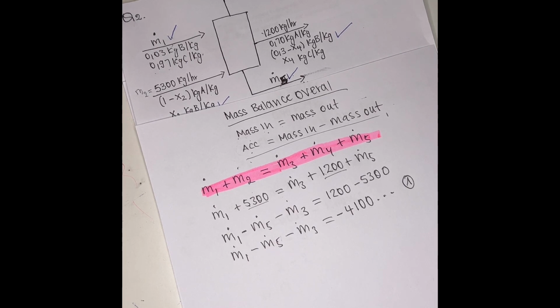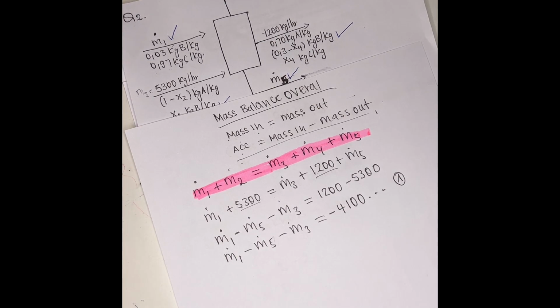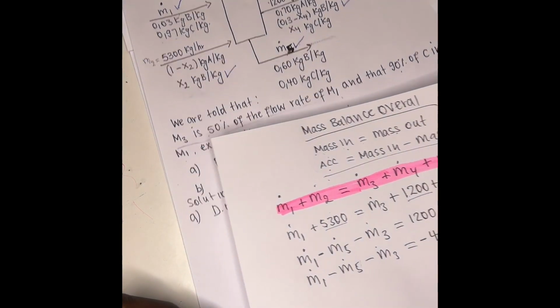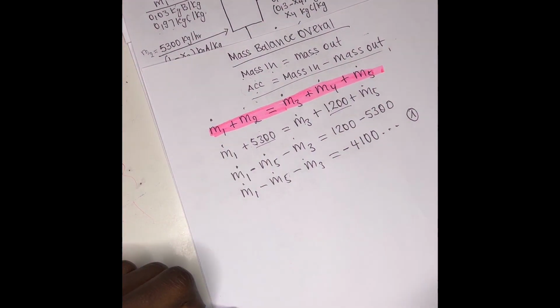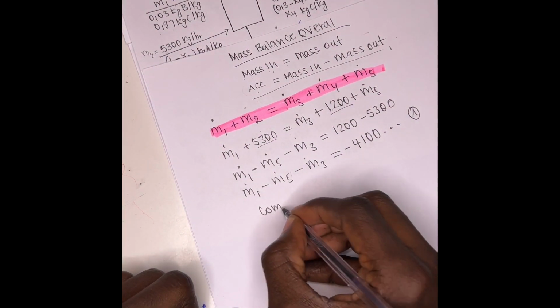You don't have to worry like, no, I'm going to do this. No, it's very easy because this is the first step you have done. Now the second step, what you have to do is say what? You have to do the component mass balance.